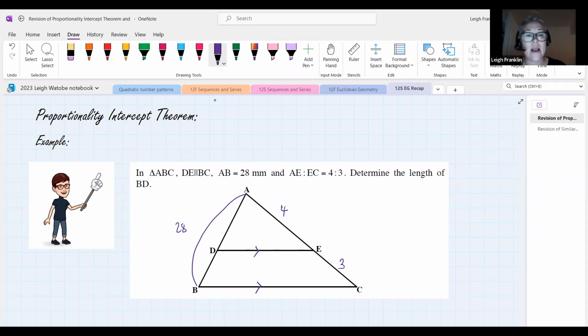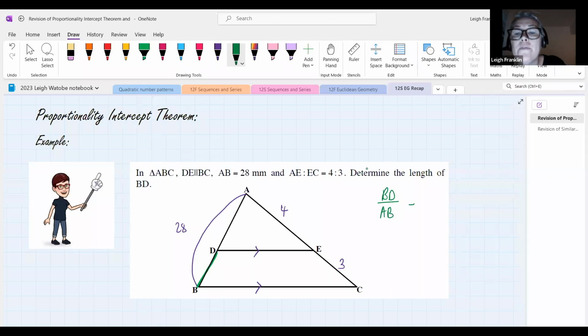Now, if we want to calculate the length of BD, the easiest thing is to put BD into the numerator. So I would write BD over, now I don't have AD, and I can't have two unknowns in an equation, otherwise I can't solve it. So I'm going to use AB.